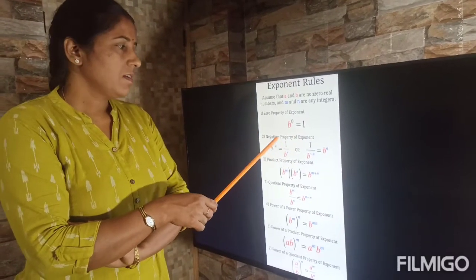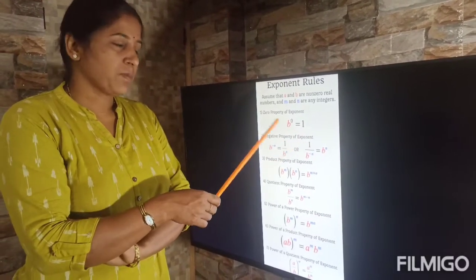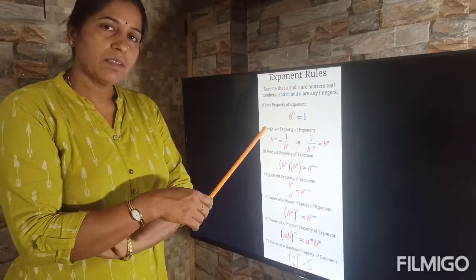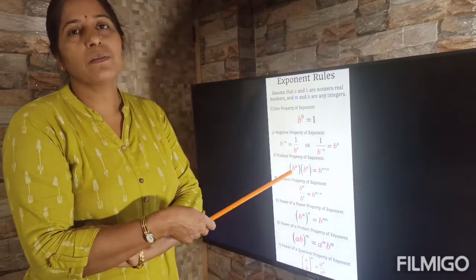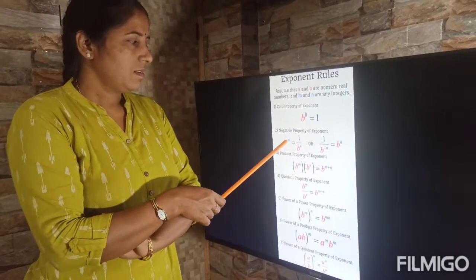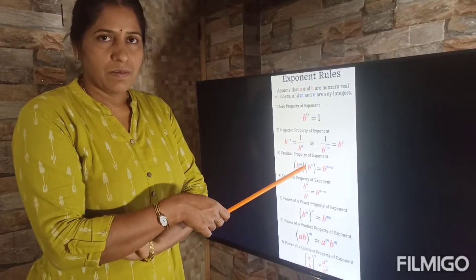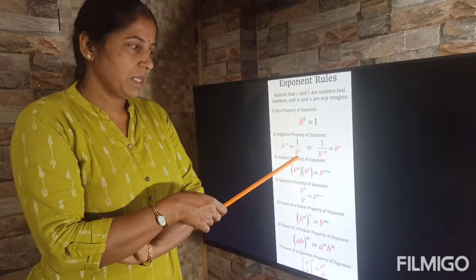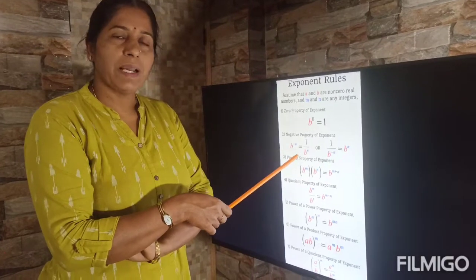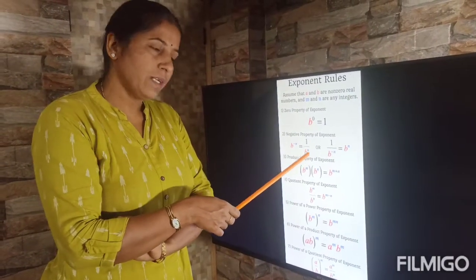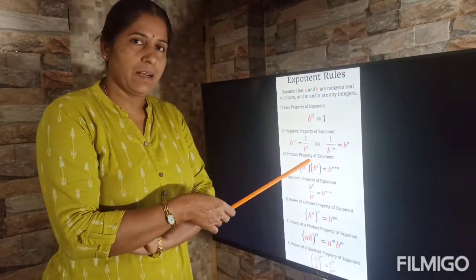Then second one, negative property of exponent. If any number's power is negative, to make it positive, I have to take it to the denominator. That number will go to the denominator, and that power becomes positive. B to the power of minus n is equal to 1 divided by b to the power of n.